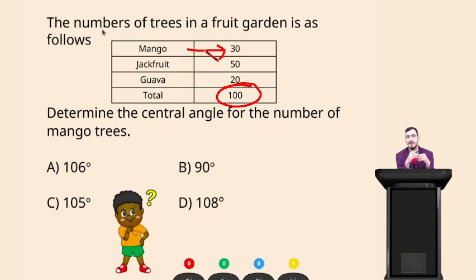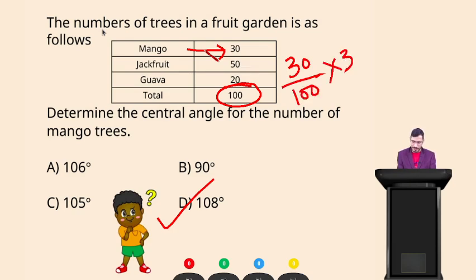So how can you find? Yes, that is 108. Option D is the right answer here. First we divide 30 by 100 into 360 degree. So we can easily find out the answer.